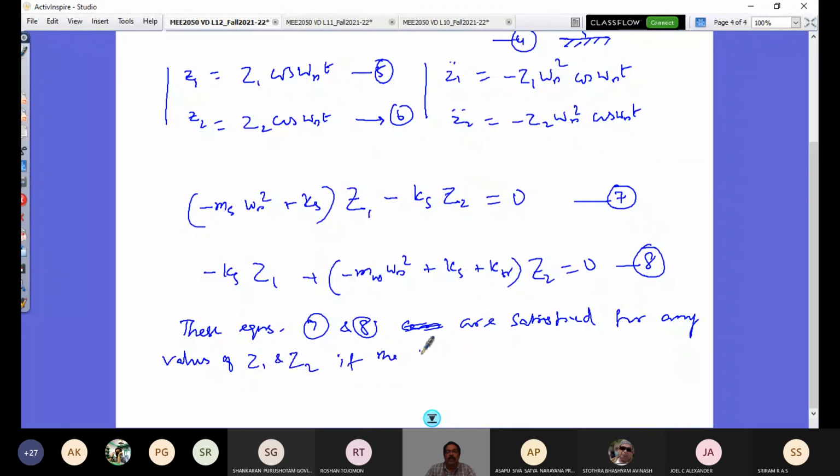If the following determinant is equal to 0.